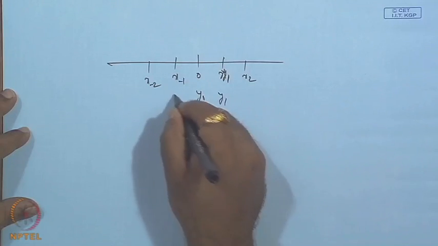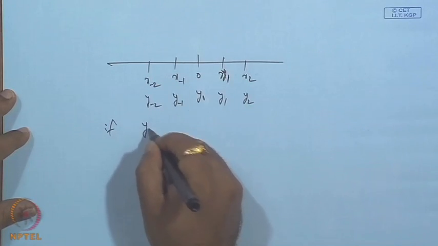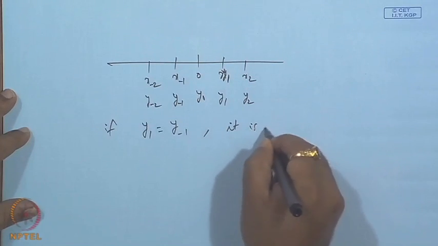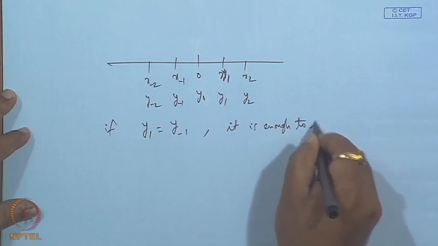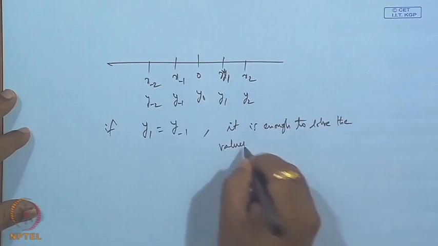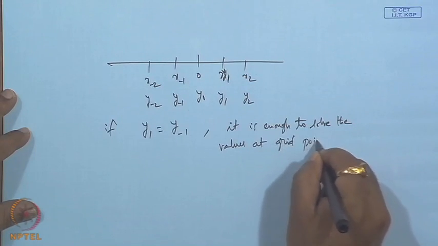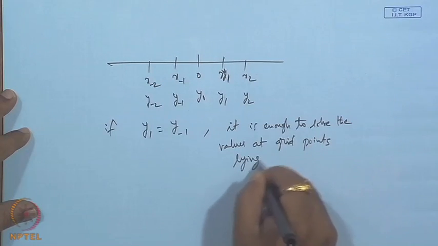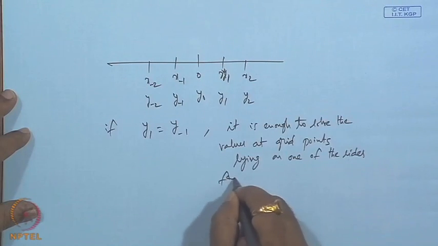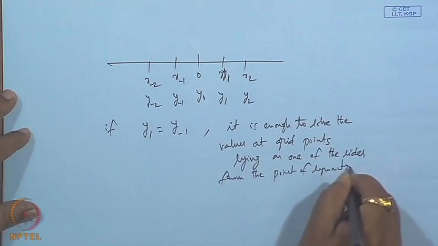So, correspondingly if we have symmetry boundary conditions, then it is enough to solve the values at grid points lying on one of the sides from the point of symmetry.